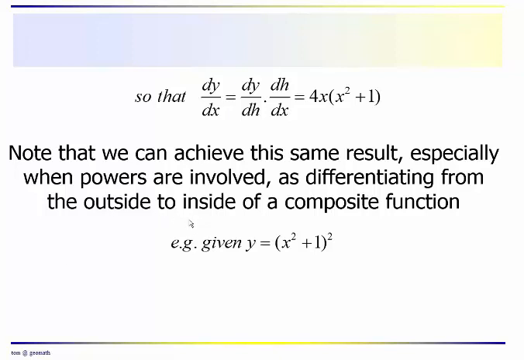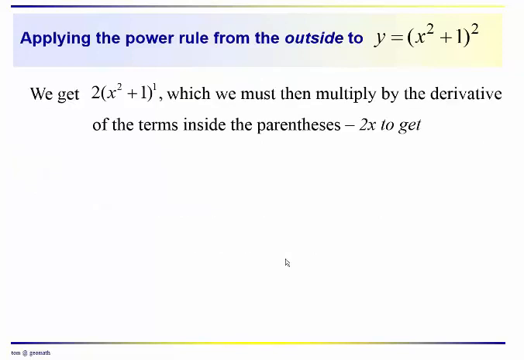So if we have a function like the one we just looked at, where y is equal to (x squared plus 1) squared, then we start on the outside. We know we have to handle the terms on the inside of the parentheses, but we know this is squared. So let's just apply the power rule to this function.